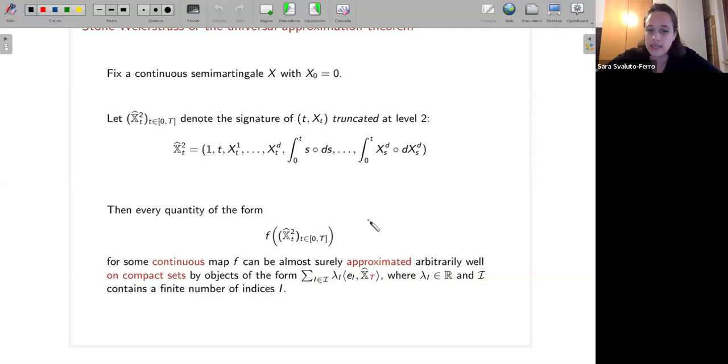What is complicated here is topologies. So you need to understand this is a continuous map of the trajectories, and so you need to understand what it means to be continuous or compact with respect to the topology that you put on the set of trajectories.